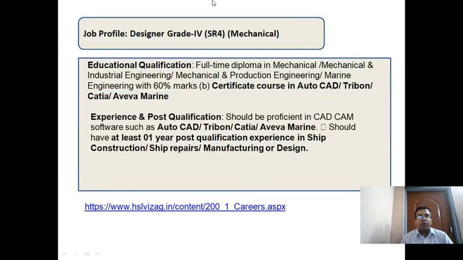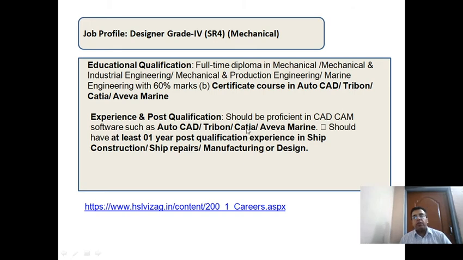So they have published a job vacancy related to the post of designer mechanical, and here we can see in educational qualification, apart from the degree, they have mentioned certificate course in any of these courses where we can see CATIA has been mentioned, and also in the professional experience they have clear cut mentioned that the candidate should be proficient in the mentioned softwares.